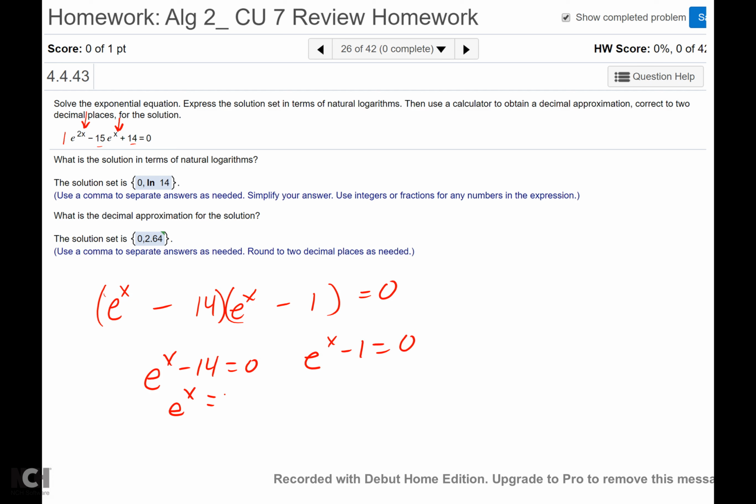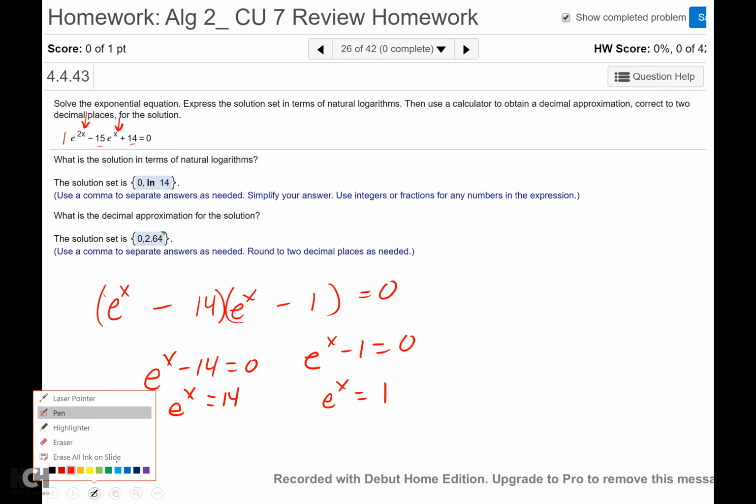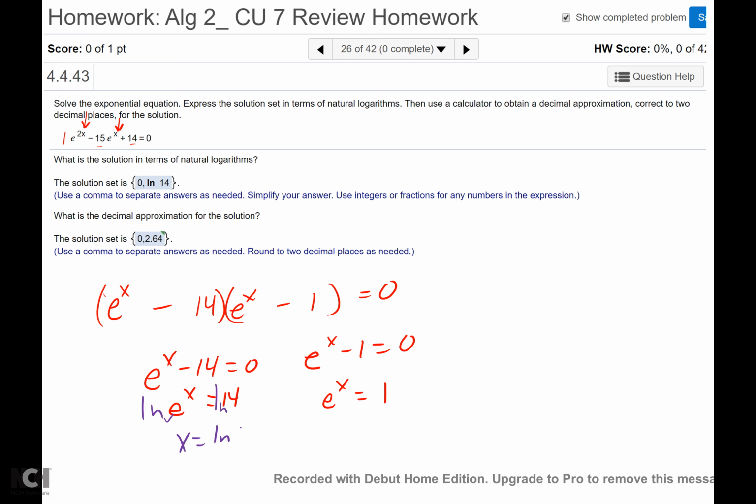This gives me e to the x equals 14, and e to the x equals 1. I've got to ln both sides to get rid of e. So here x equals ln 14, and here x equals ln of 1, but any log of 1 is 0, sorry. So there's my 2 solutions.